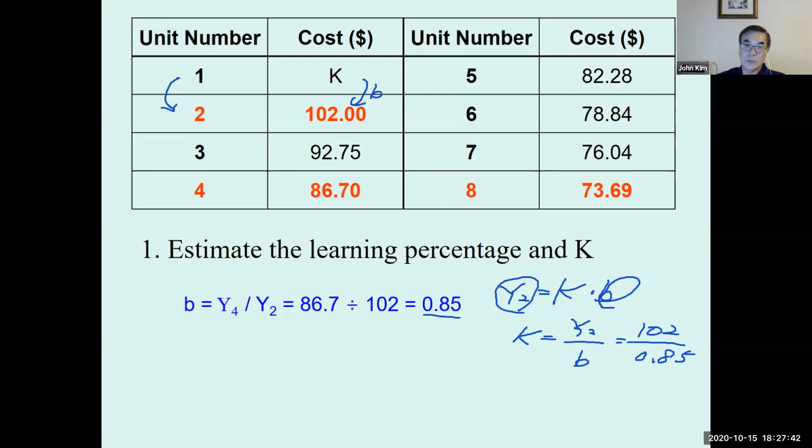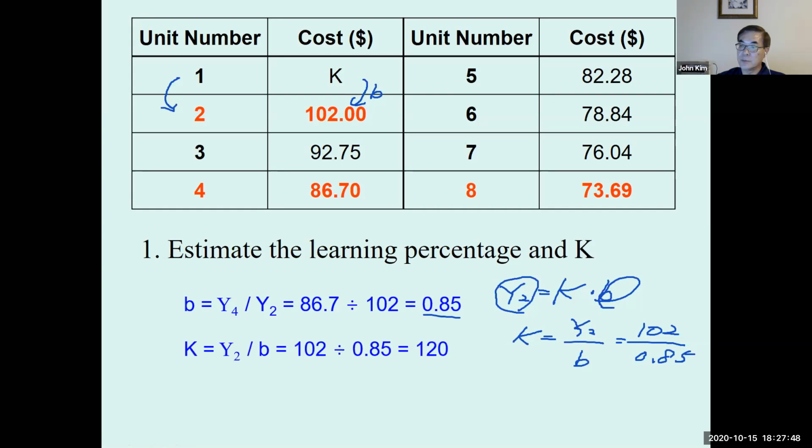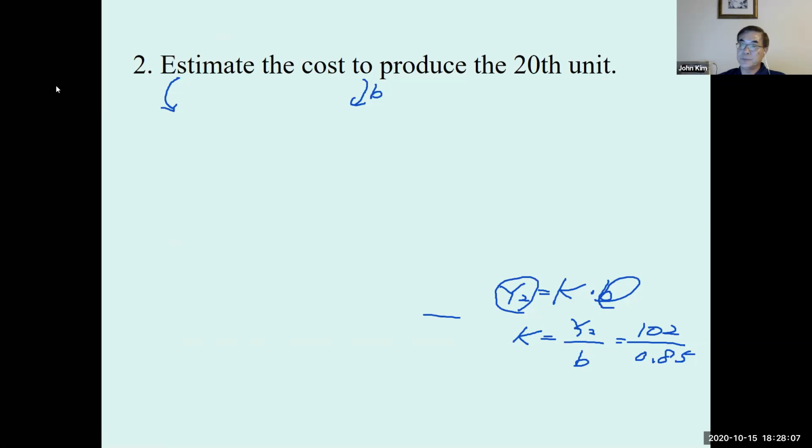So that is the calculation. The initial cost, or cost to produce the first one, is 120. Okay, next.